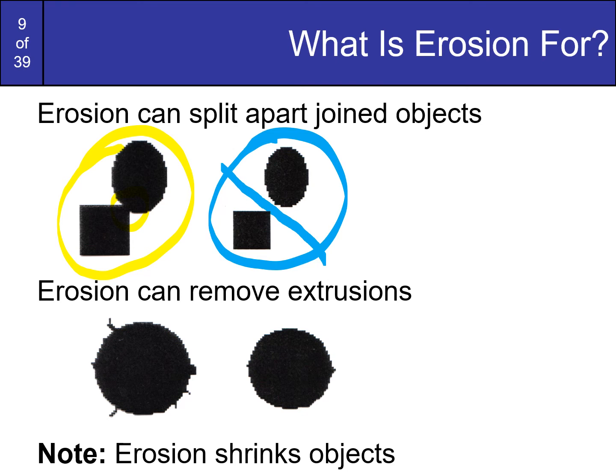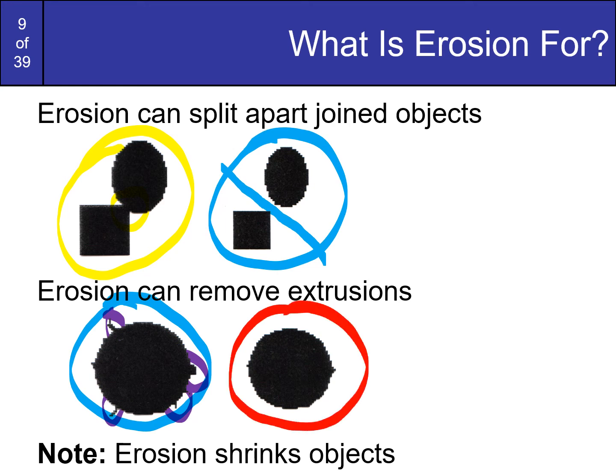And for the second case below, we have an object with some intrusion, which is an imperfection here. And again, erosion is useful to remove this extrusion, which can produce an output like this one, which has a much cleaner shape of the objects.